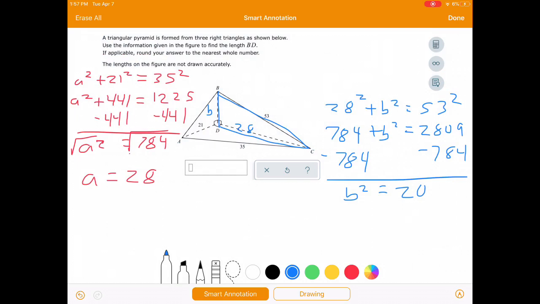End up with 2,025, and last but not least, we're going to take the square root of that answer, giving us 45. So that side that we are looking for, BD, ends up being 45. The question says round to the nearest whole number if you need to. There's no need in this case, so we just have 45 for BD.